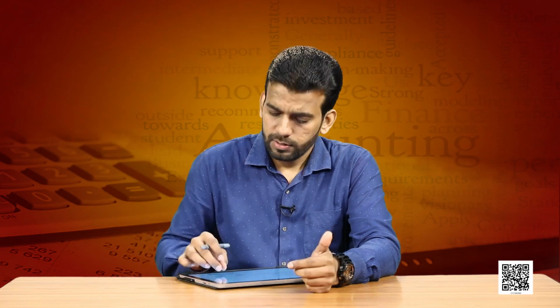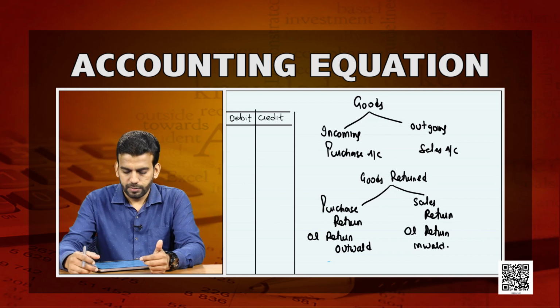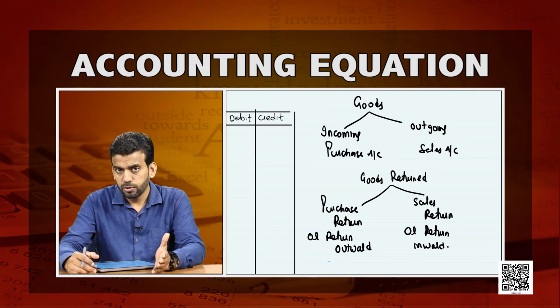If you remember, in the last video, we discussed types of goods, purchase, sales, and I introduced two more words to you, purchase return and sales return. You can see on your screen, goods incoming, purchase account, goods outgoing, sales account. But sometimes we buy goods, we don't like that because of any reason.